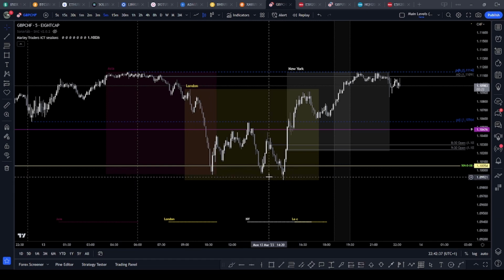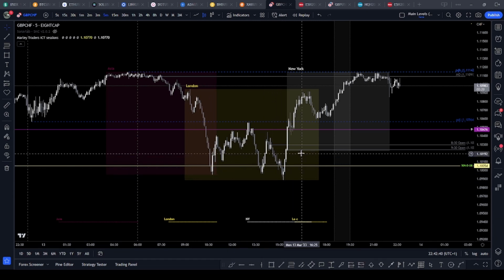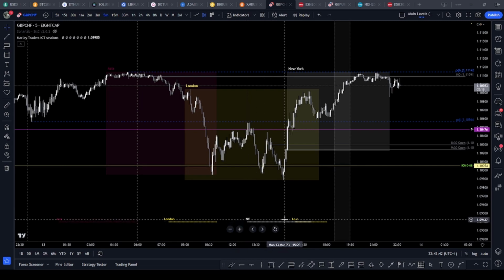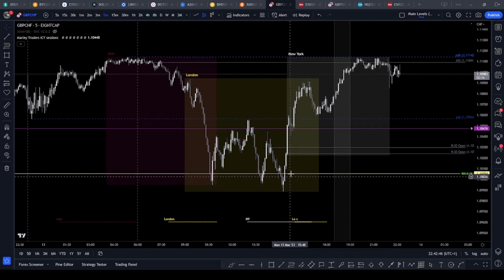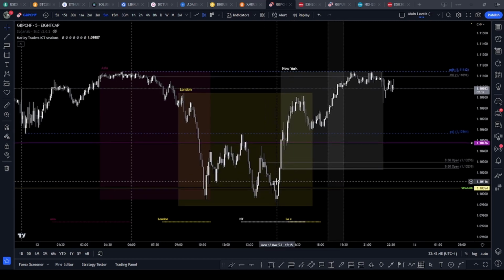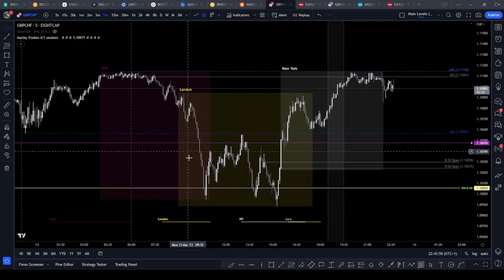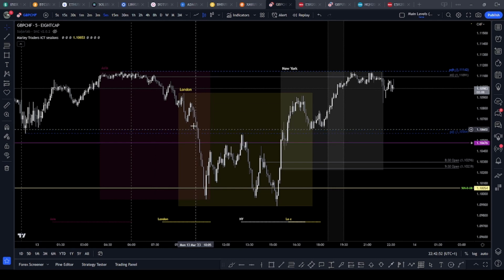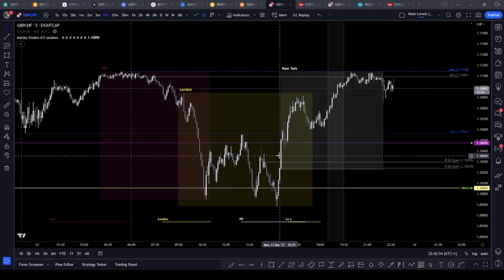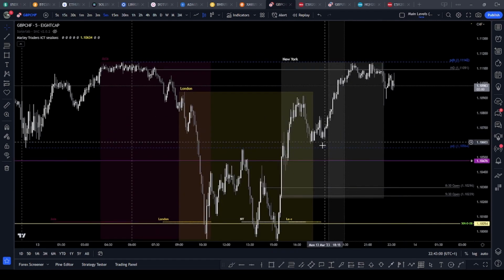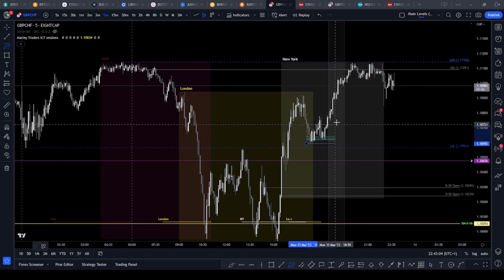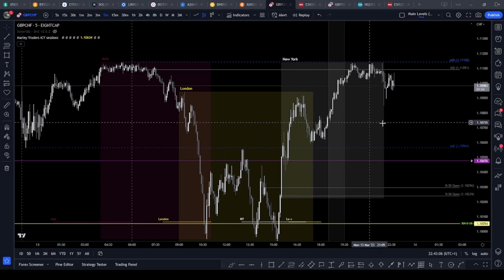And where are we now? Now we're in New York key zone time, and then we traded off. So we took a smaller position here, not as big as this one here, because we were more confident about this, but we're not as confident as with this. And then here you can see just before launch, another OT setup formed.